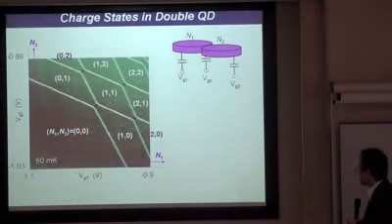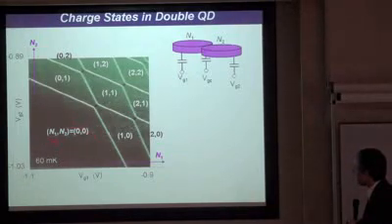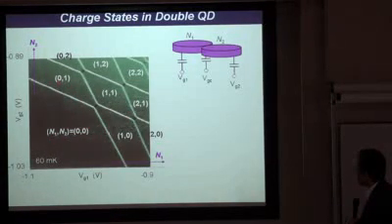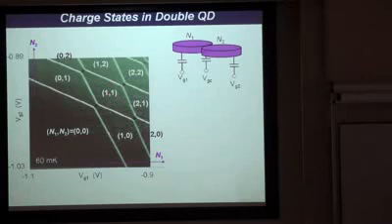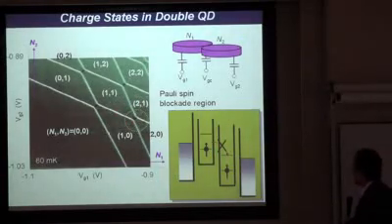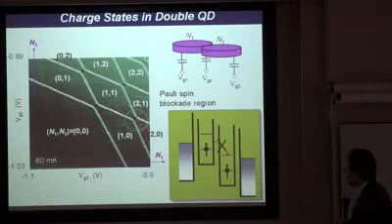So in this area, both dots are empty. Here, the left dot has just one electron. The right dot has just one electron. And here, each dot has just one electron. And then we move on to this region near the boundary between the 1,1 and 2,0 states.